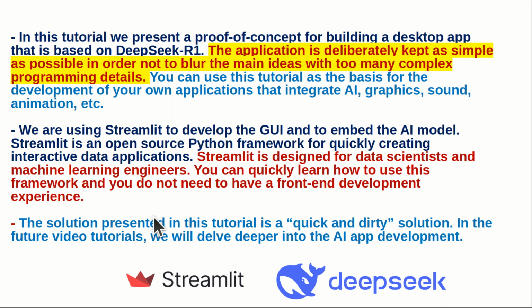You can quickly learn how to use this framework and you don't need to have front-end development experience, you don't need to know Java, you don't need to spend 15 years developing websites, applications and graphical user interfaces. Streamlit is very simple and literally in 15 lines of code you can generate your first application. Of course, to generate something more useful, it's going to take some time learning Streamlit.